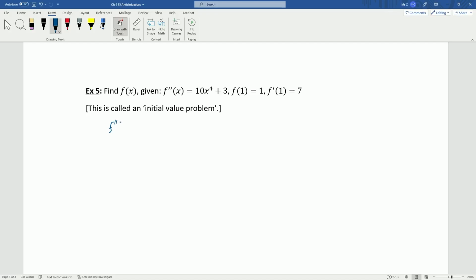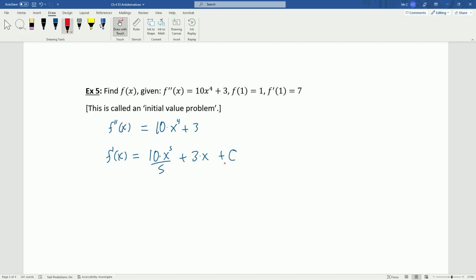So since we have f double prime of x equals 10x to the 4th plus 3, then f prime of x should be equal to 10 times x to the 5th over 5 plus 3 times x plus a constant. Now this constant here is usually going to take on a very specific value.